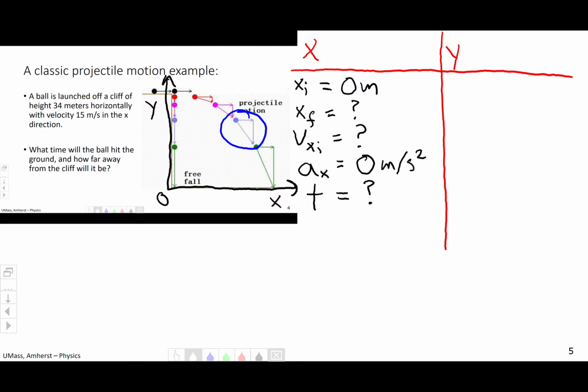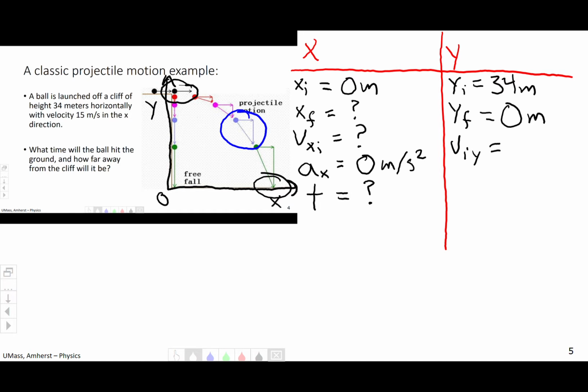All right, now let's move over to the y direction. Our y initial position at the top here is the height of the cliff, 34 meters. Our y final position, we are going to hit the ground. That means our final y position is 0 meters. And our velocity initial in the y direction, let's think about it.